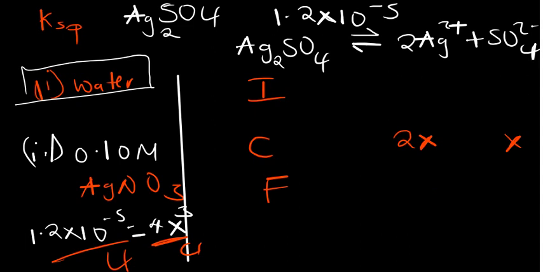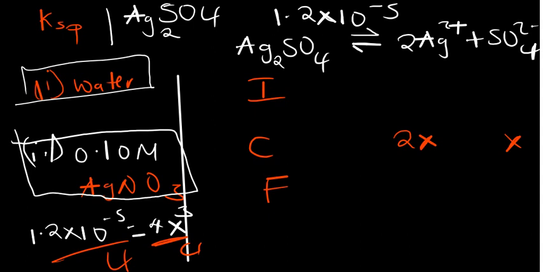So now, in the second solution, we already have silver nitrate dissolved in the solution where we are trying to dissolve the silver sulfate. If you look at this silver nitrate, it has got a silver part of it, right? So that silver is going to affect the solubility of our solid in this case, meaning that we already have the initial concentration of the silver in the solution.